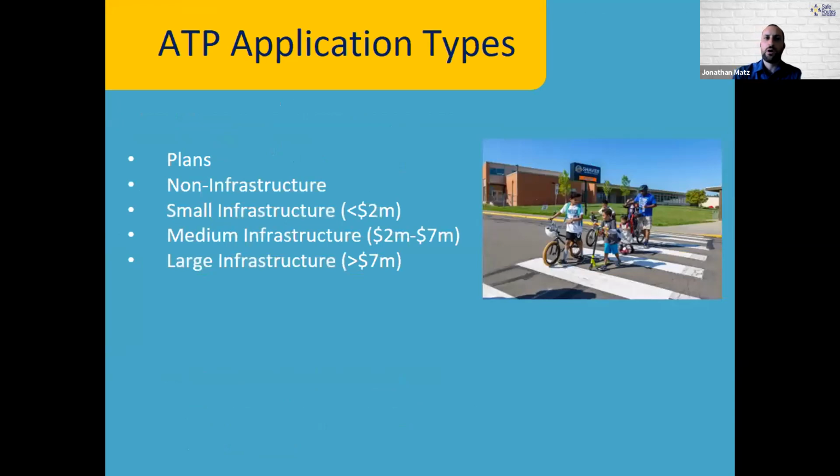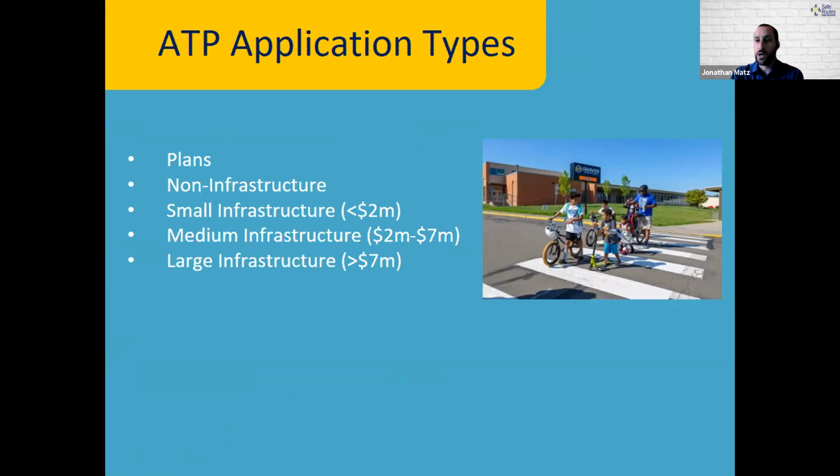As I mentioned before, we're focusing this webinar today on the plan application type. And as a reminder, particularly for first-time ATP applicants, it's one of 5 different applications for the ATP. Starting in Cycle 4, the Active Transportation Program applications are split up into category types. So you can get funding to create a plan.